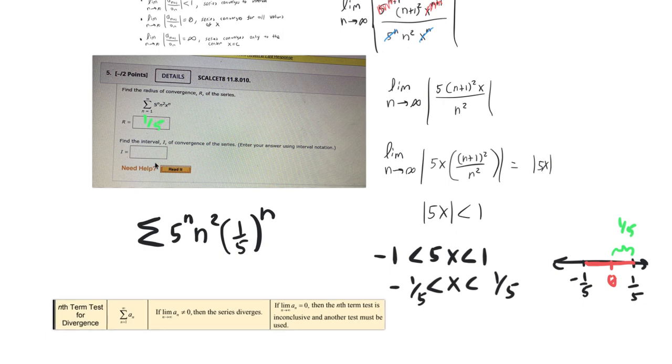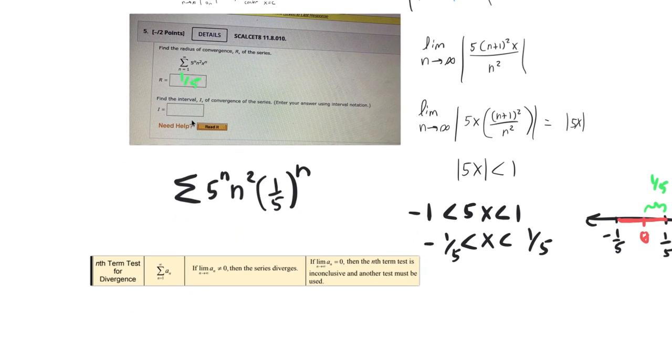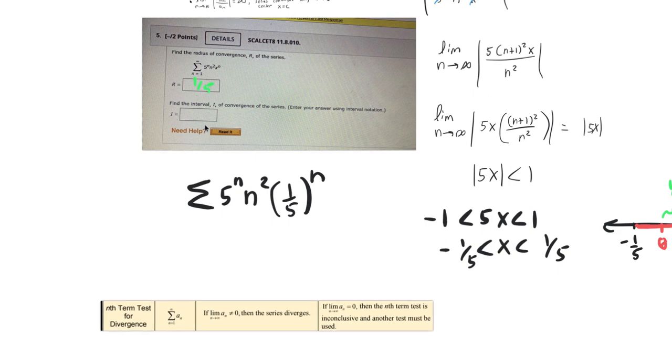Now, for the record, it kind of looks like a geometric series, but the problem is these are constantly changing, so it's not a geometric series, and therefore we're better off with this test. So if we were to rewrite that in a way that would be a little better, it would be to recognize that we're really dealing with 5 to the n times n squared all over another 5 to the n, because this blue 5 to the n is right here, and that's being raised to the n power.